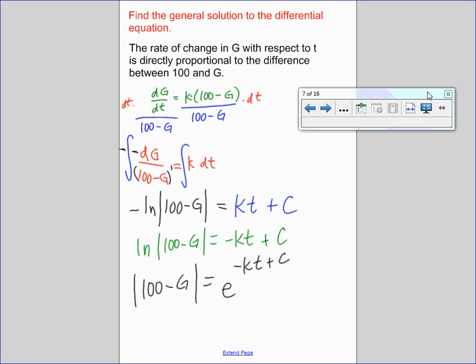In the meantime, I'm going to break up that sum in my exponent and rewrite that as a product of powers with like bases as we did in the Bellwork. So let's go ahead and keep our absolute value bars for one more step. 100 minus g, close bars, equals. And we're going to go ahead and group this sum in the exponent as e to the c out front times e to the negative kt.